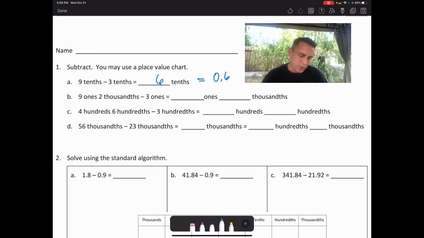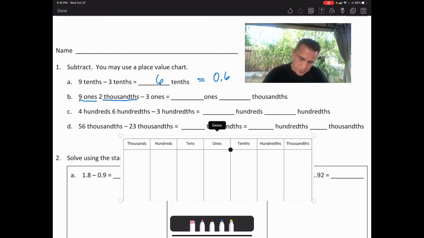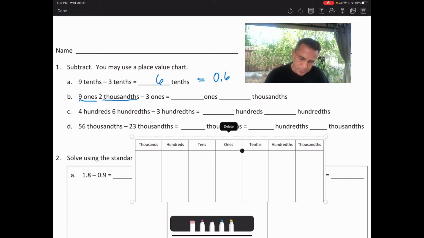When you get to the next one, they have two different place values for the first number. So you can see they have 9 ones and 2 thousandths. If that appears a little bit confusing, it's always good to go back to your place value chart and use it if it's helpful. So I'm just going to use the place value chart.